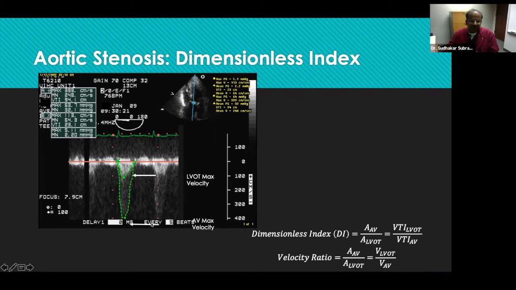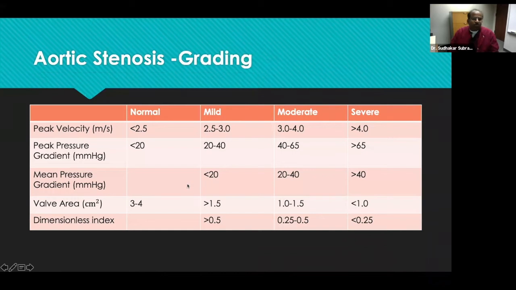So it's nothing but just the velocity ratio. Typically anything less than 0.25 is more in favor of severe stenosis. So by putting together all these parameters, you should be able to delineate the severity of the aortic stenosis.